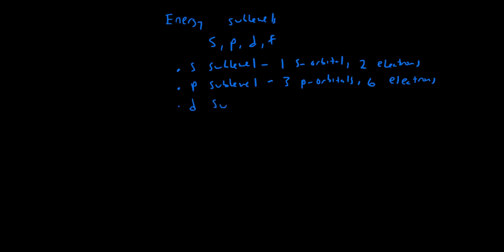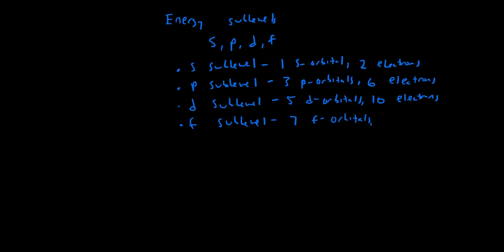For the d sublevel, there's 5 d orbitals, and so there's 10 electrons total, because 5 times 2 is 10 electrons. For the f sublevel, there's 7 f orbitals, and so there's 14 electrons in total, because 7 times 2 is 14.